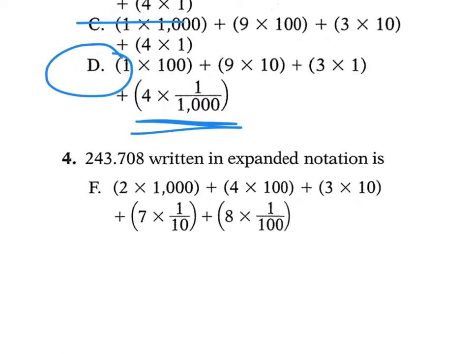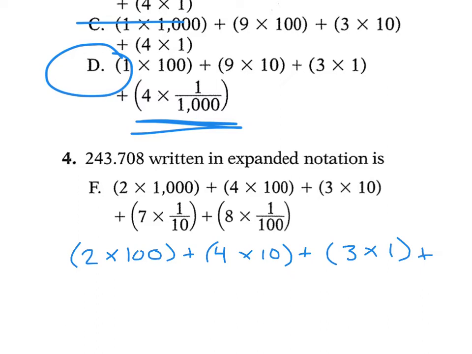So to write this in expanded notation, we would need 2 times 100 plus 4 times 10 plus 3 times 1 plus 7 times 1/10, since that's in our tenths place, plus 8 times 1/1000, since that's in our 1000ths place.